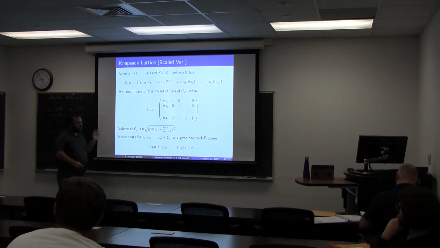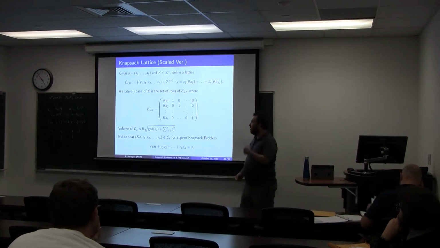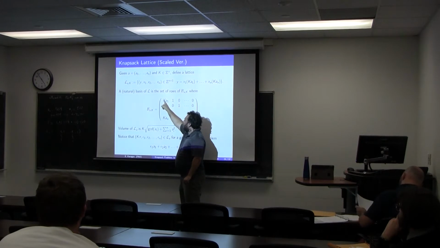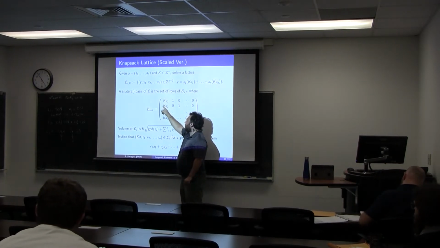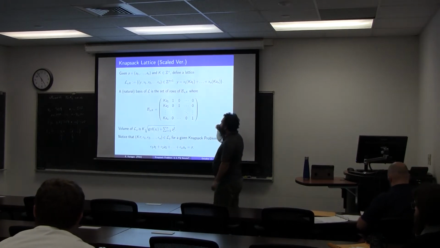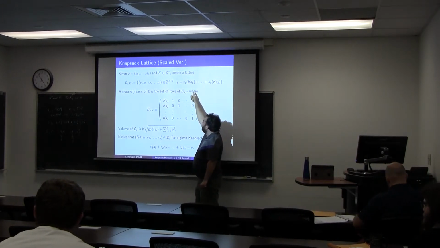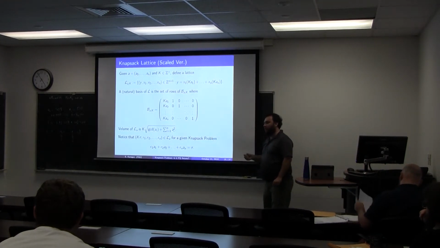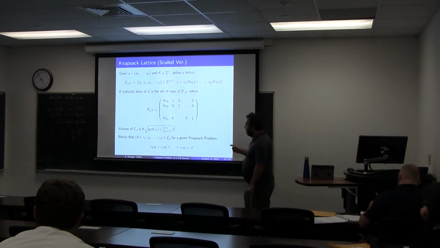So, to increase your success probability, you can scale the first column by k times a1, k times a2, k times an. Remember, I just replace the ai with k times ai.